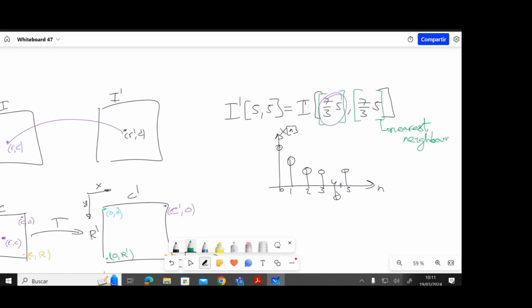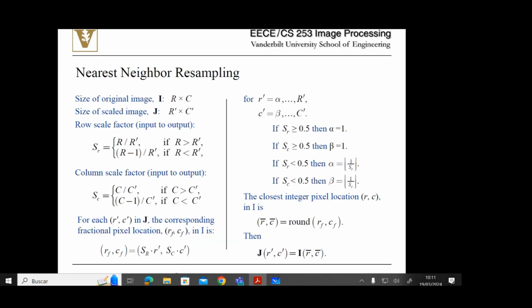Okay, so all this reasoning is the one in the slide. The slide is a little bit complicated because it includes this -1, depending on whether R and R prime is one bigger than the other. This is a little bit too detailed for what we want. So the important thing is this one.